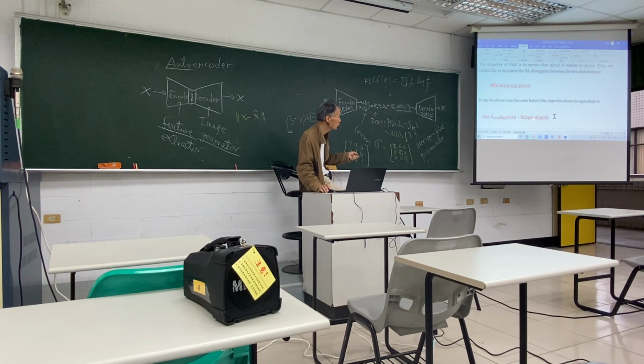And also we try to minimize the KL divergence between the estimated latent variable and the Gaussian distribution Z. We just make this assumption. And then this is how we get the final loss function.